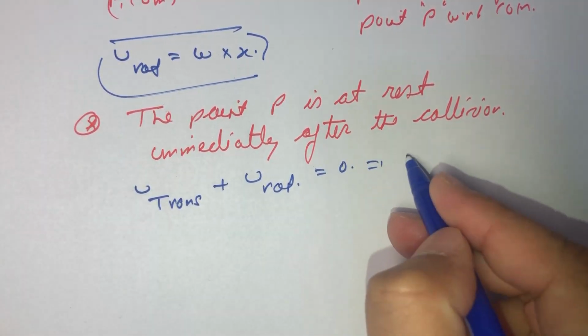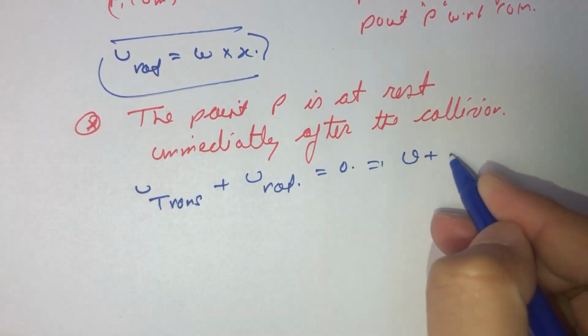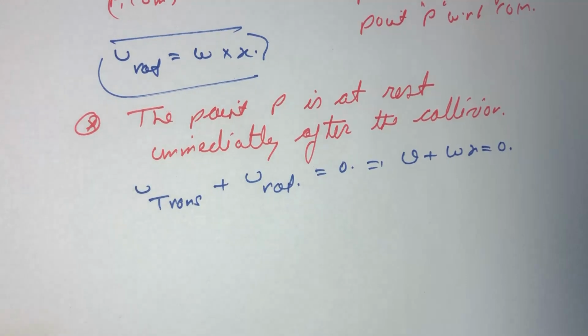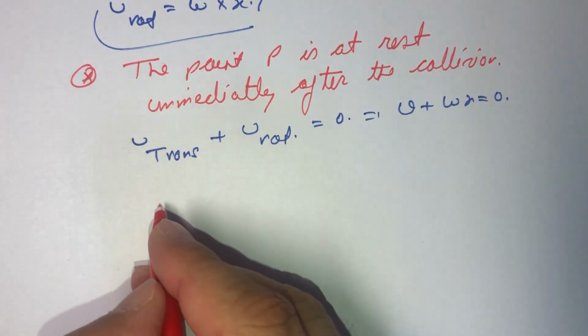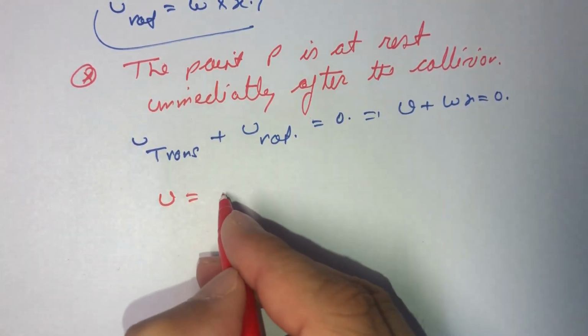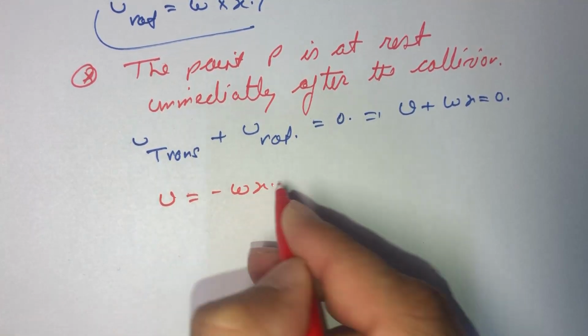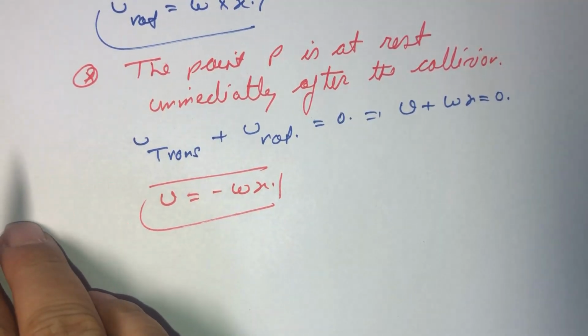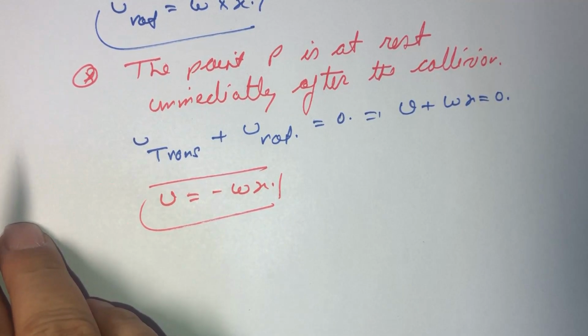So we get V translational, which is V plus omega x, is equal to 0. Therefore V is equal to minus omega x. So it means it is in the opposite direction.